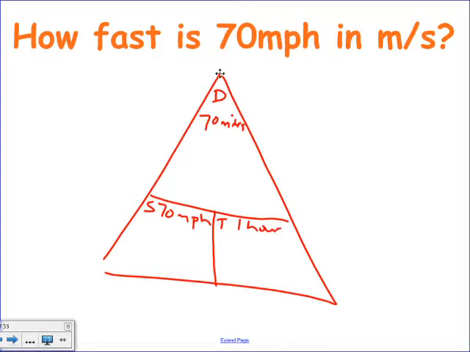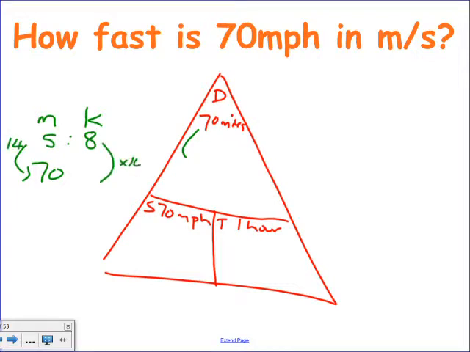So let's do our conversions. I don't want 70 miles. I want metres. Let's just concentrate on one thing at a time. So I've got 70 miles, and I don't want miles. Miles to kilometres is 70 divided by 5, which gives me 14.